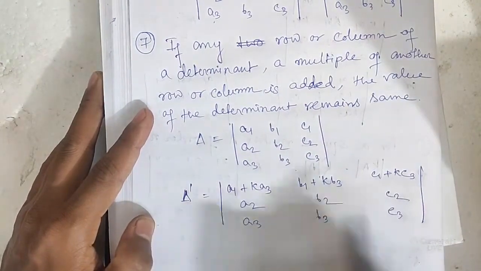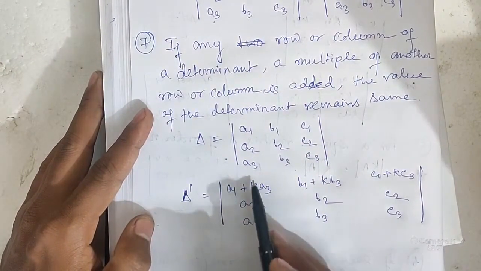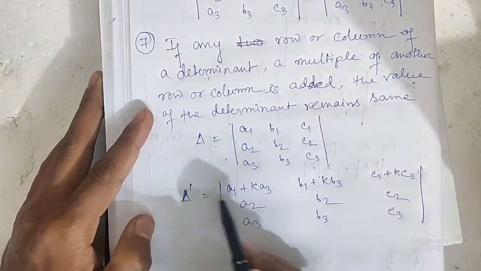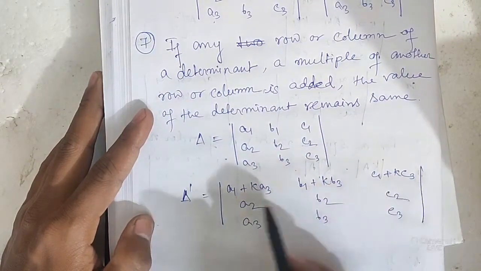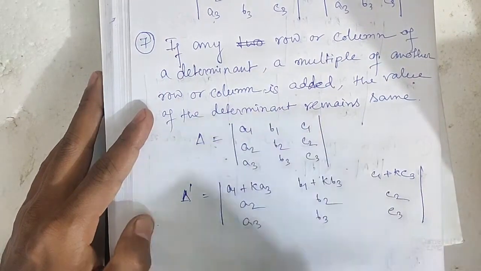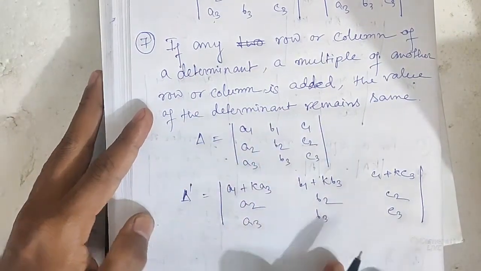Here I have multiplied a scalar with another row and then added it to the first row. You can also multiply a scalar with the second row and add it to this row, and the value will be the same.